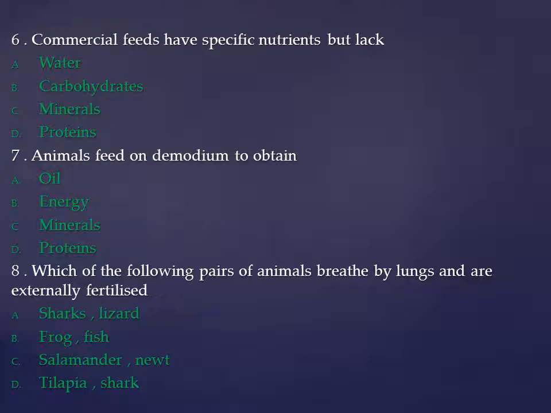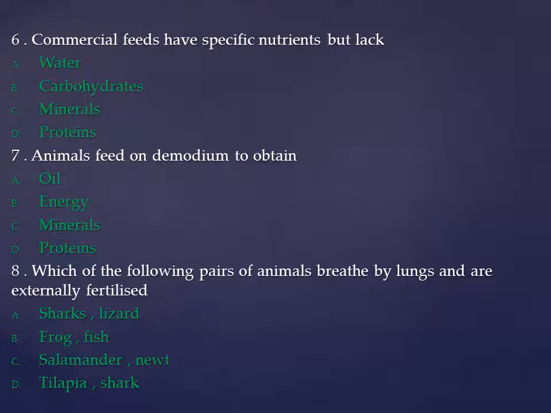Commercial feeds for the animals are usually bought from shops. 2. They are usually in powder form. 3. They usually lack water and roughage, which is also known as fiber. So, commercial feeds have specific nutrients but lack water.